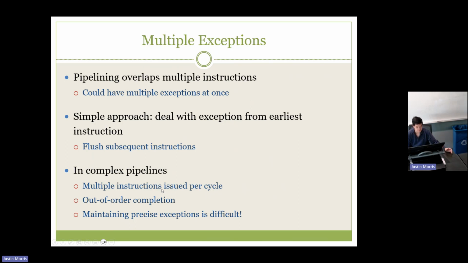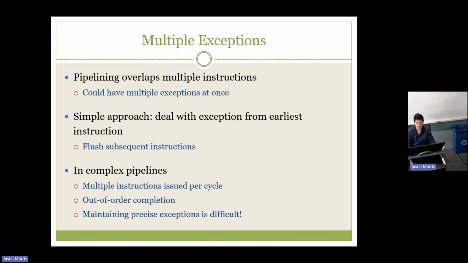And if you're fetching multiple instructions per cycle, you want to execute multiple instructions per cycle in each stage as well, otherwise you're just fetching and you're never going to keep up. So in this case, maybe we can have two instructions that have exceptions at the exact same time, and they're in the same stage.